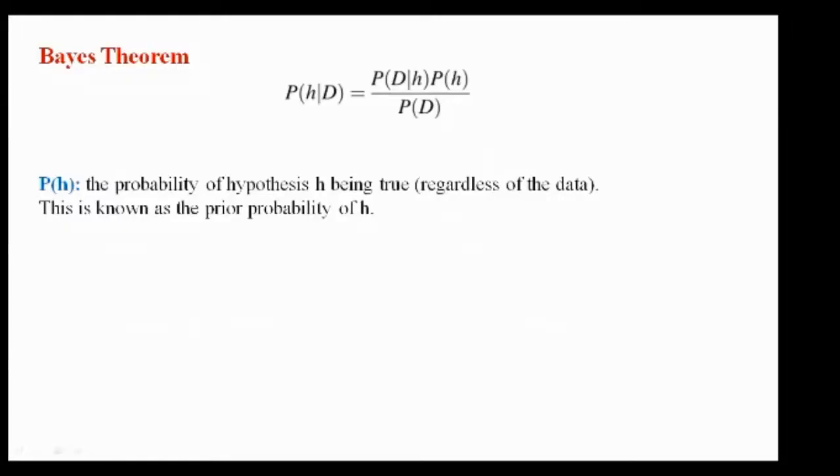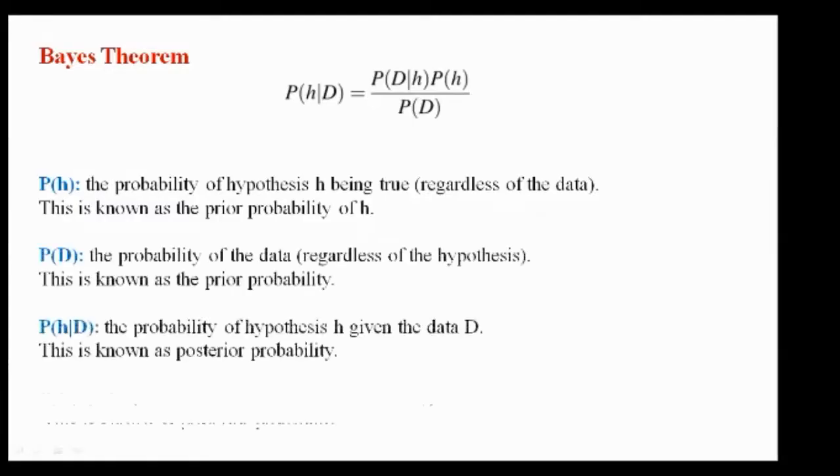Now Bayes theorem is used for classification. Here the formula is written, where P is the probability. So just go through this.